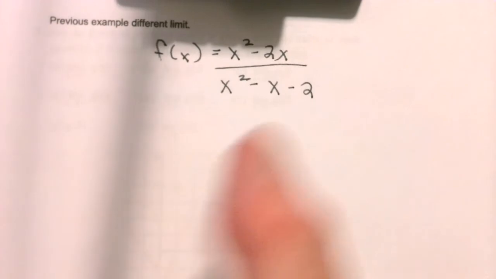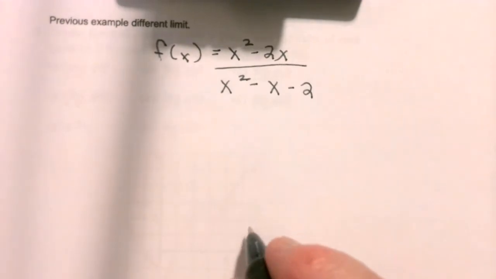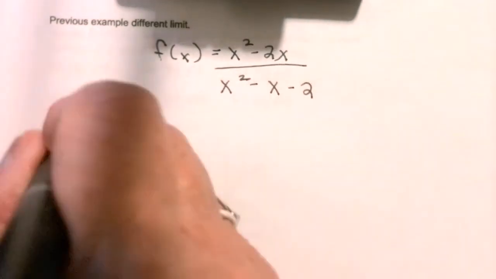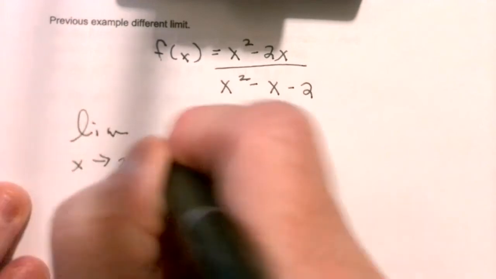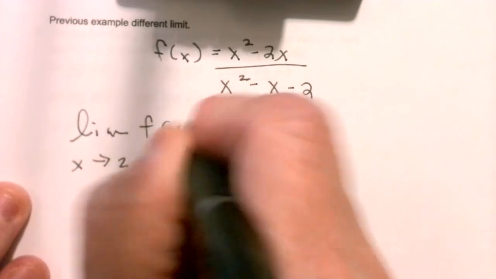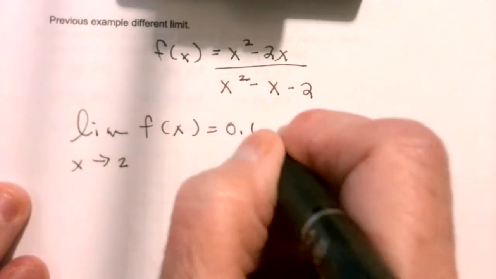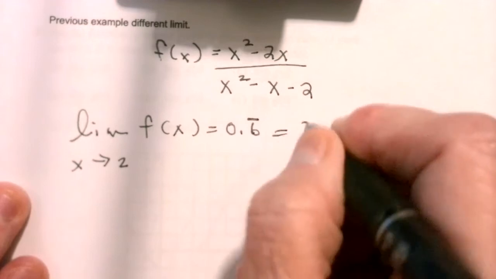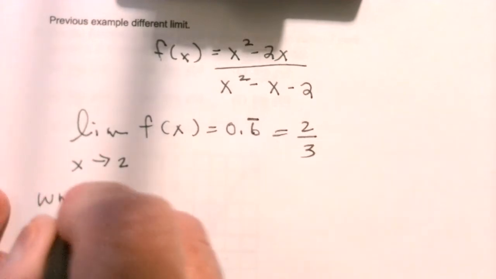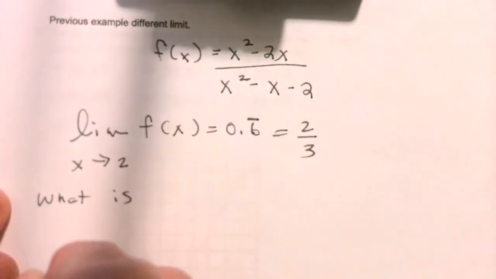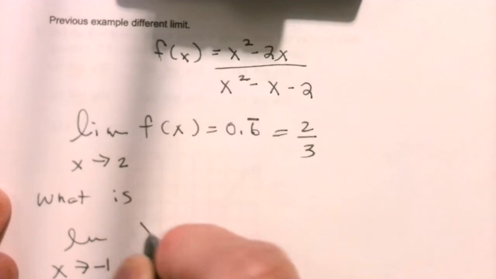Okay, this is the previous example. But this time, we know already that the limit as x goes to 2 of this function was equal to 0.6 or 2/3. But what is the limit as x approaches -1 of this function?